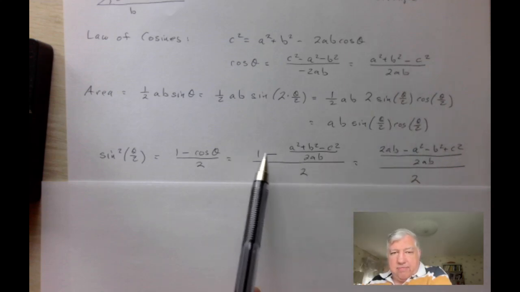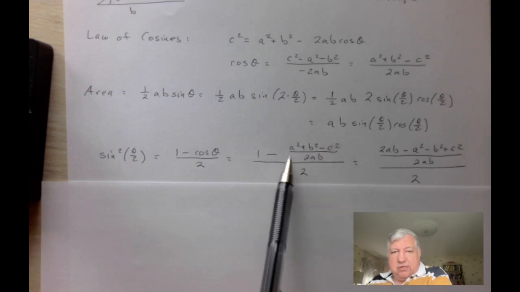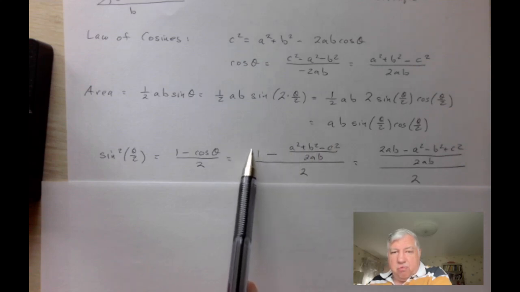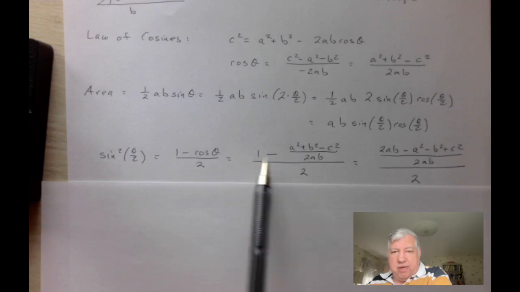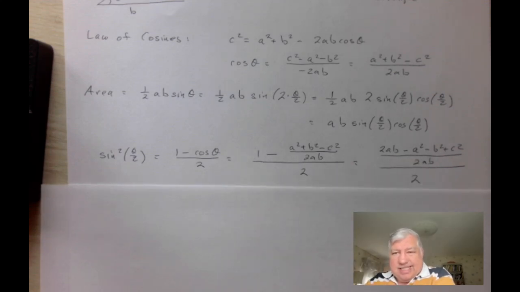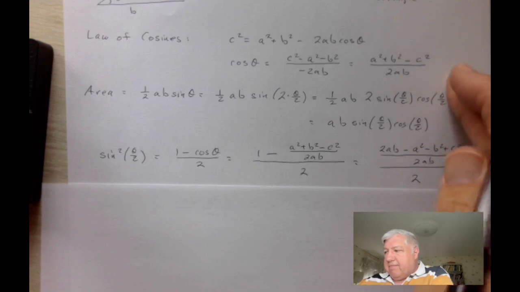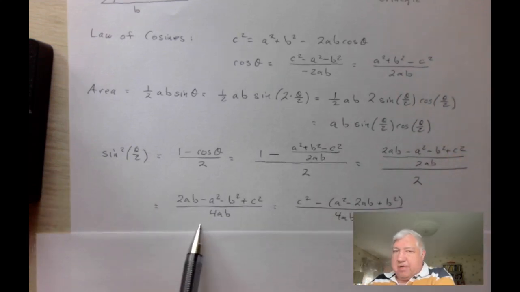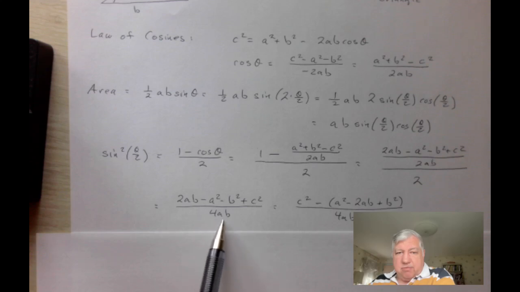Within this, we have 1 minus this, so we can get a common denominator. We can take this 1 and multiply and divide by 2ab. So we get 2ab minus a squared minus b squared plus c squared, all over 2ab, all divided by 2. Dividing by 2 is the same thing as multiplying by 1/2, so this becomes a single fraction with denominator 4ab.